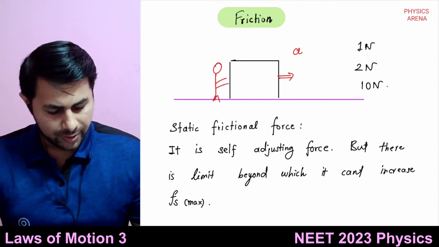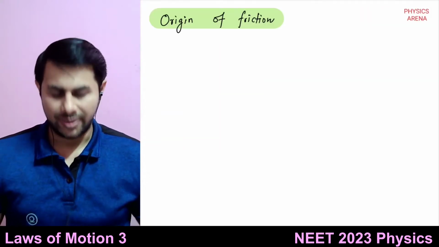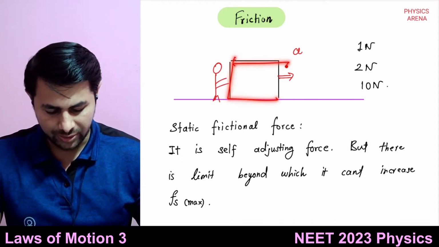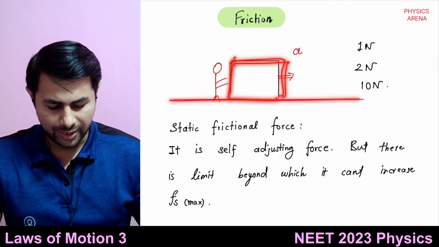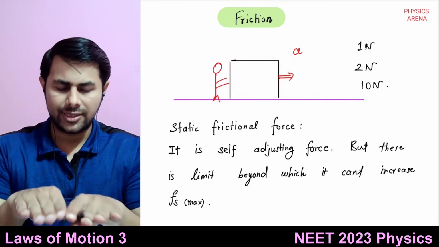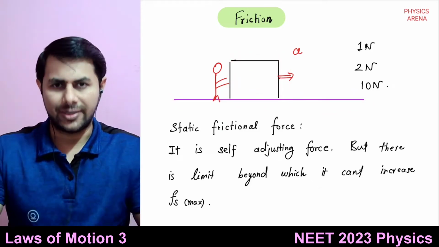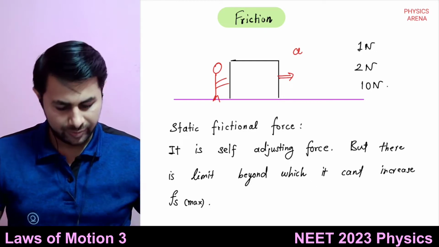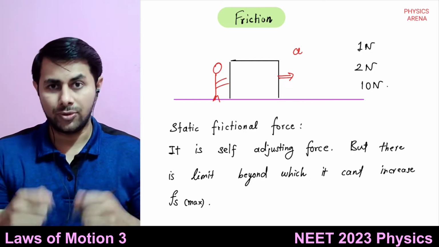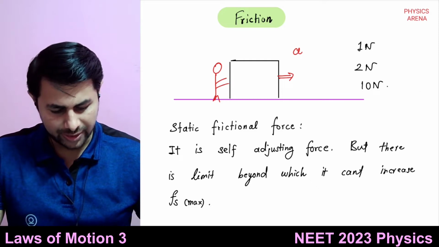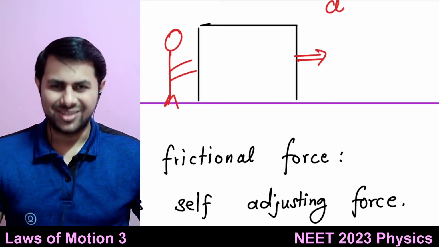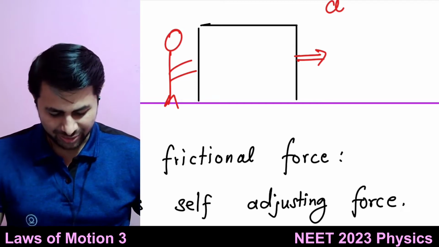Now when we see these two surfaces in contact with each other, the block and the floor, they seem to be exactly flat. But in reality, if you look into these surfaces through a microscope, here if I zoom it, still it will look flat.